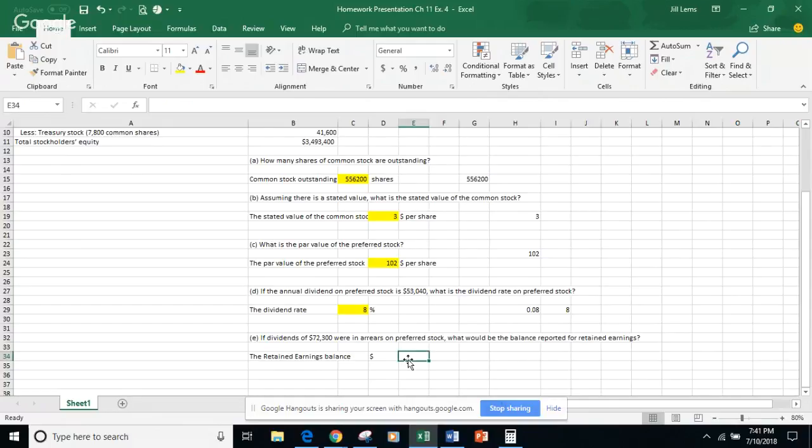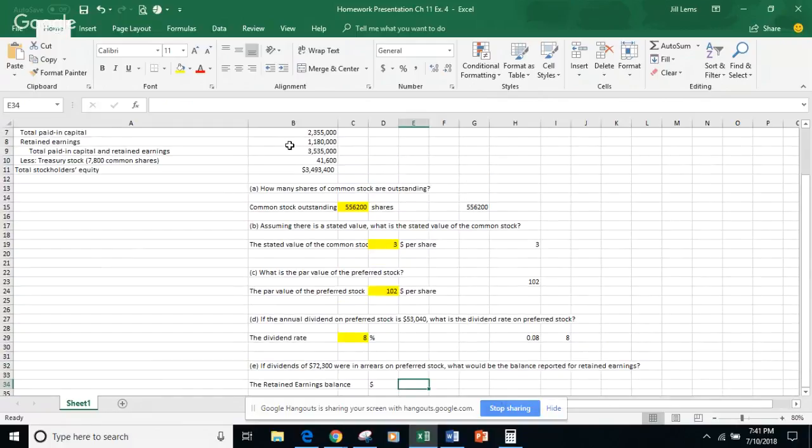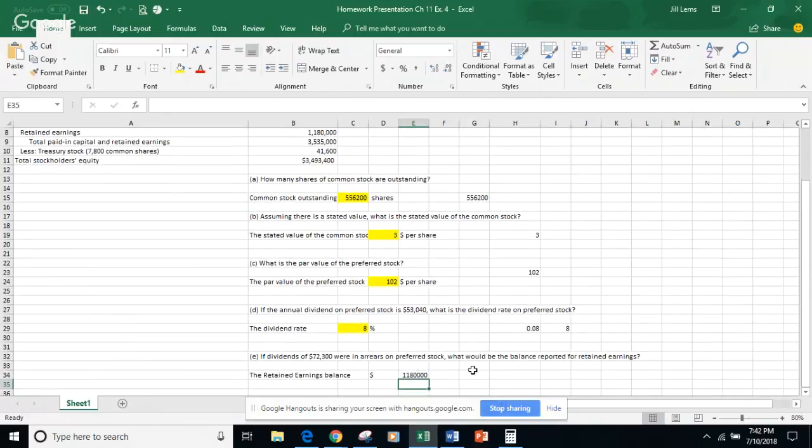The dividends in arrears are only disclosed in the notes of the financial statements. So the answer to this one is actually going to be what the retained earnings is already at, which is 1,180,000. So that would be our answer.